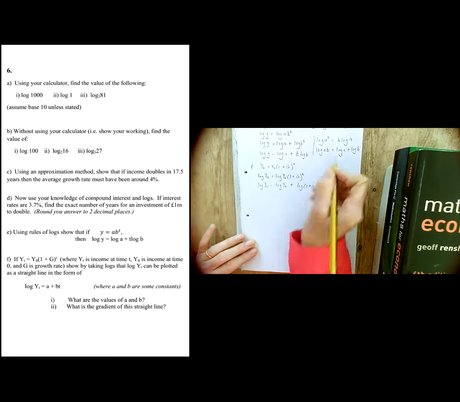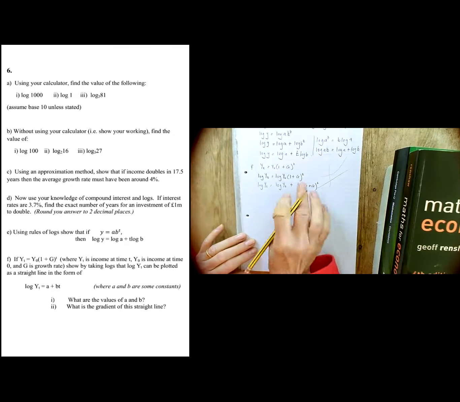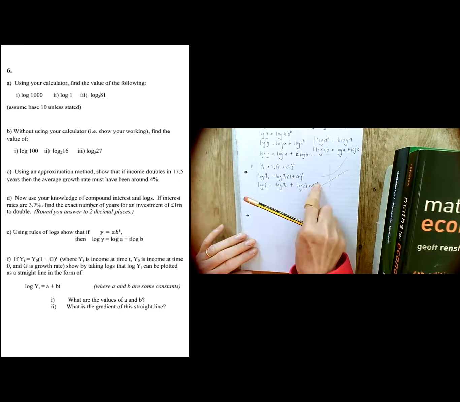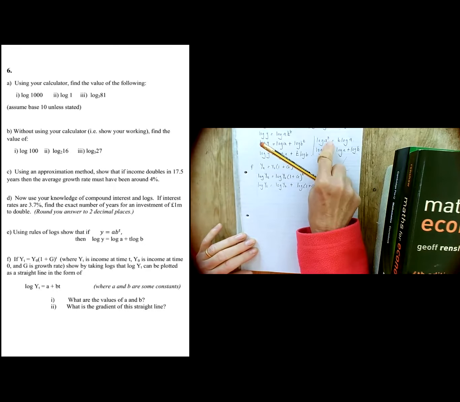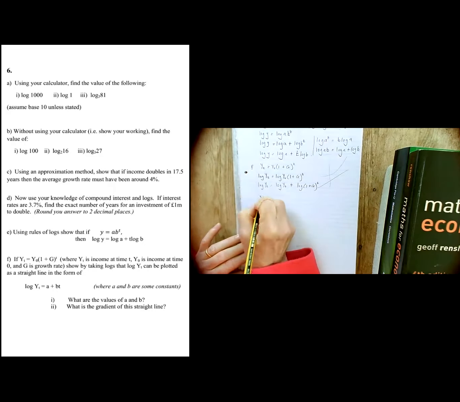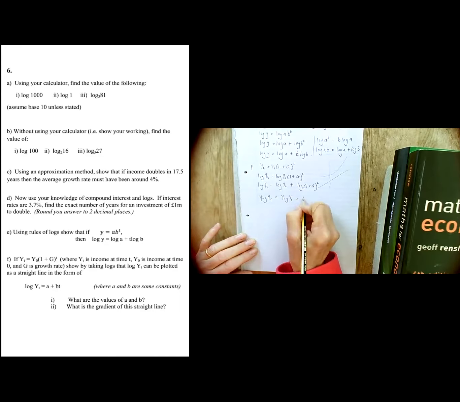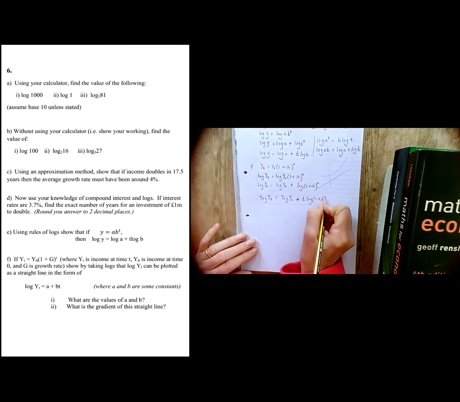You see, it's exactly the same maneuver I've done. And the reason I split these apart is so that I can now use this power rule and bring the t out. So here we go. Log y_t equals log y_0 plus t log (1 plus g).